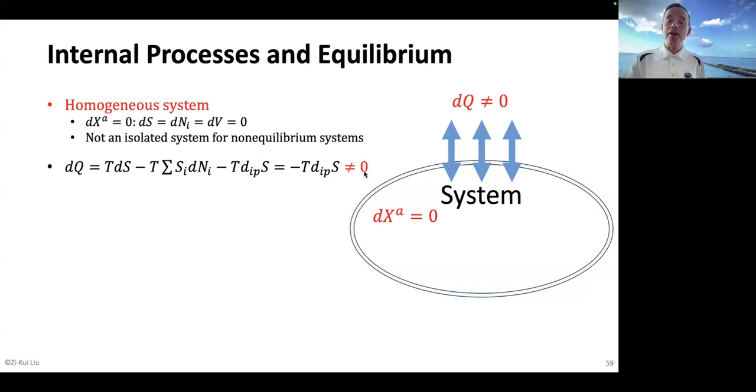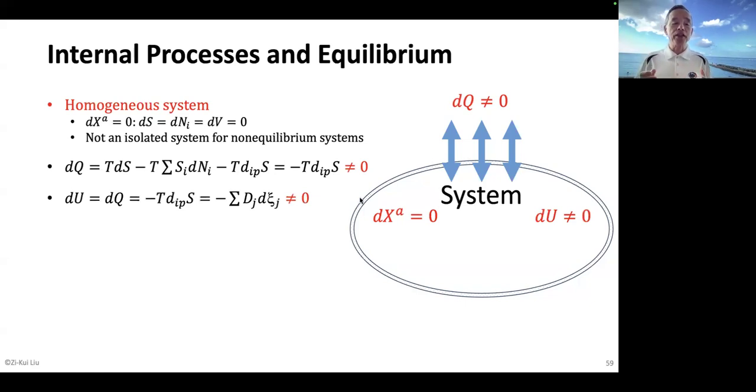So that means the system must exchange heat with its surroundings. And then from the combined law, we find dU equal to dq, because dW equal to 0 and there's no mass change. There's also one term left. So dU equals dq minus T d_iS, and so it's not equal to 0 either in general, right?